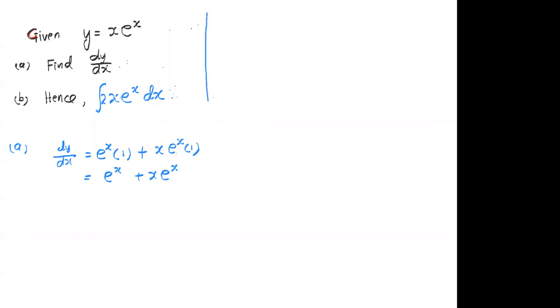Okay. So for part B, because the question says hence, I'm not going to look at this. No. I'm going to look at what I have in part A. So I'm going to do this. If I integrate my dy dx, I will get back my y here.